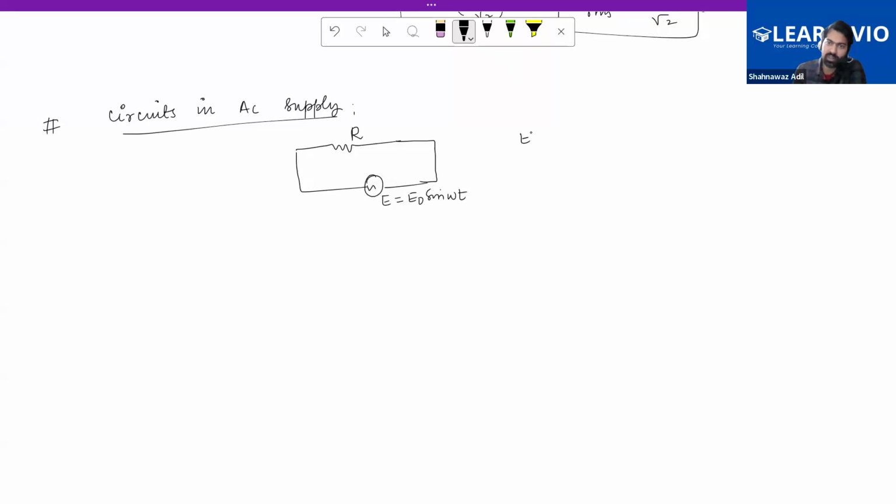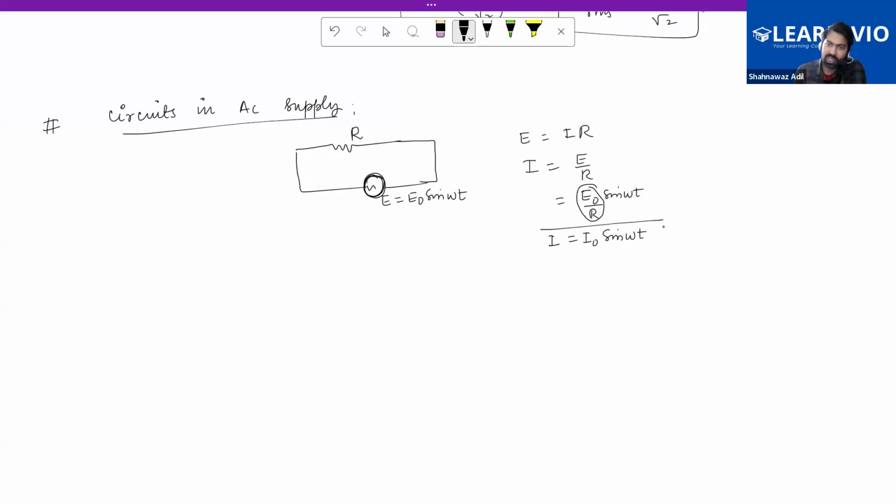We know that this is IR. If it is connected to the AC supply from the AC generator, the current would simply be E by R, which is E naught sine omega t divided by R. So E naught by R you can write as I naught, and then this is sine omega t.